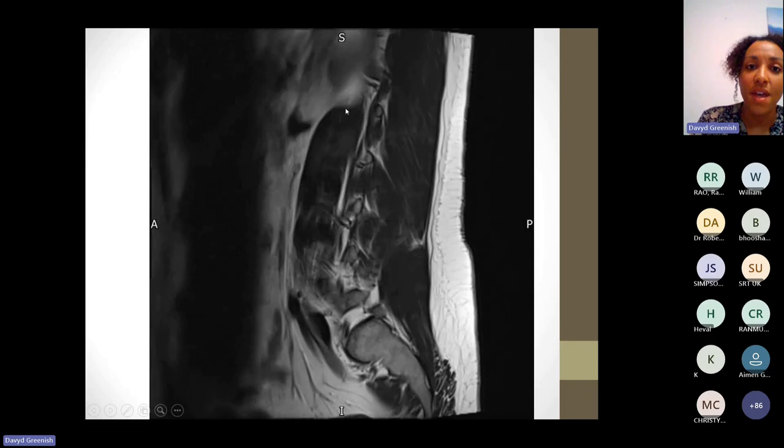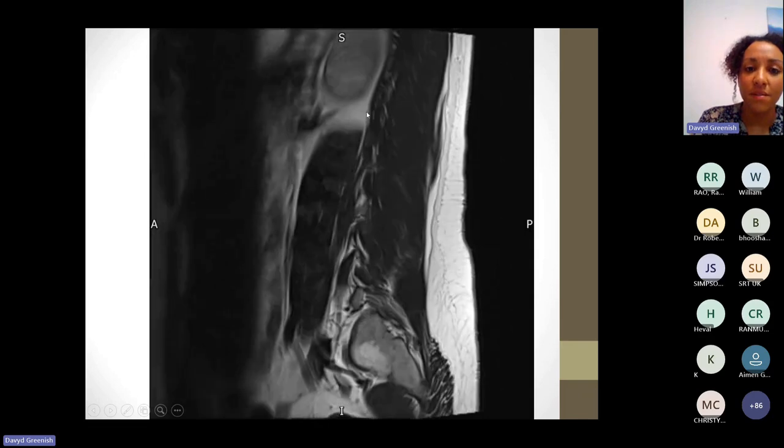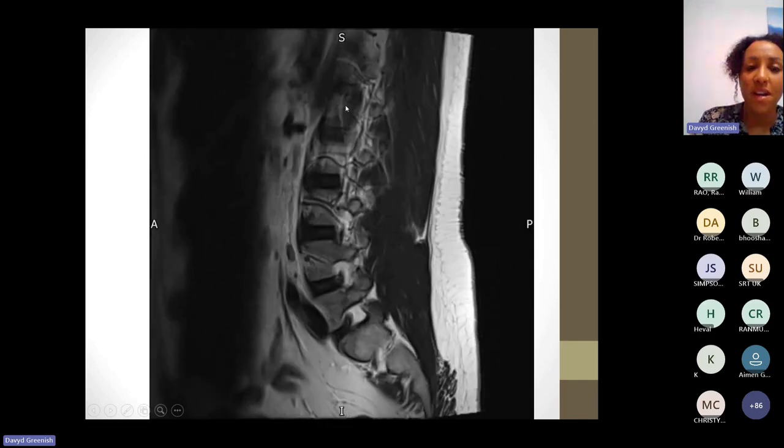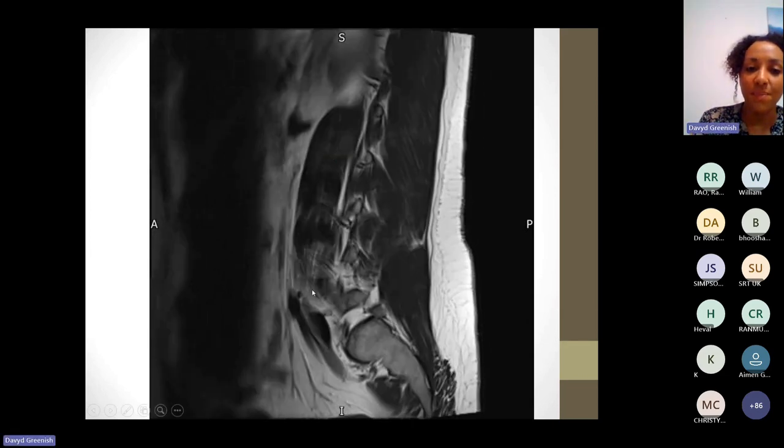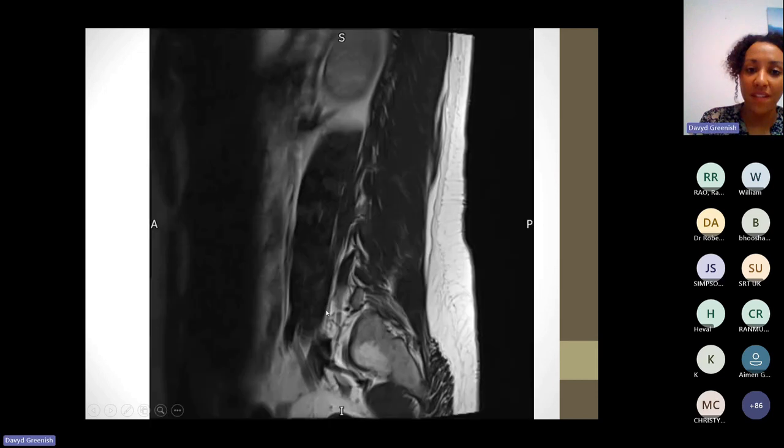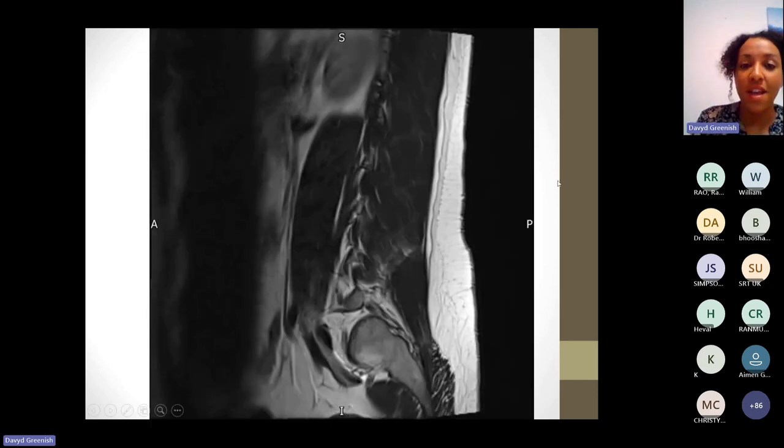You can see it goes up here and then it comes down. So you can see superiorly, you can see it up here, and then as we scroll through, comes down towards the pelvis down here, but we haven't got all of it because you don't normally get all of it on the lumbar spine MR.